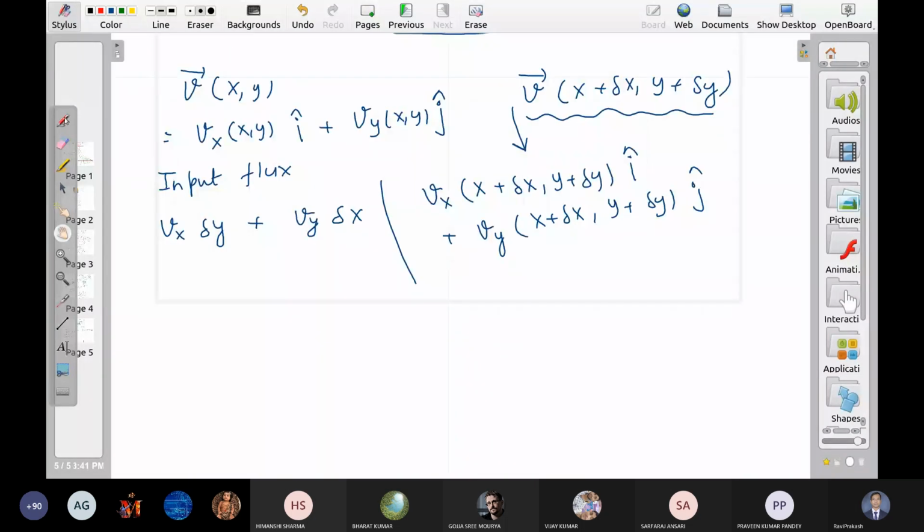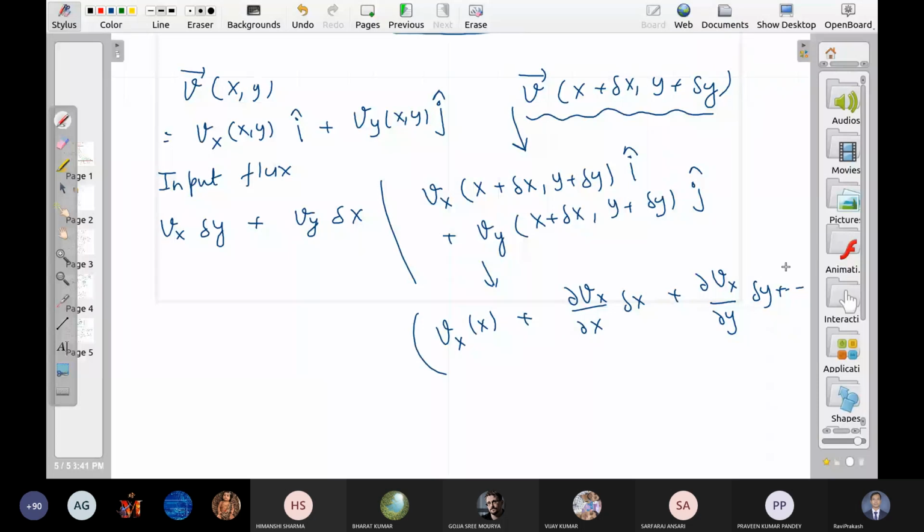This can be written as Vx at x plus del Vx over del x delta x plus del Vx over del y delta y times I cap, right?